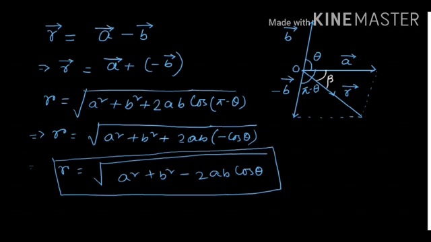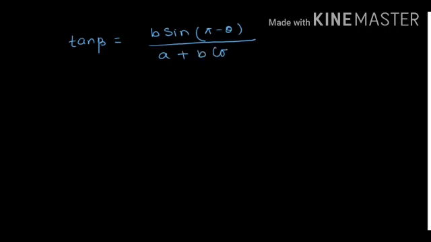Now we want to find the direction of the resultant vector. For this, say the resultant vector makes an angle beta with vector A. So we can write tan beta equal to B sine of pi minus theta by A plus B cos of pi minus theta.